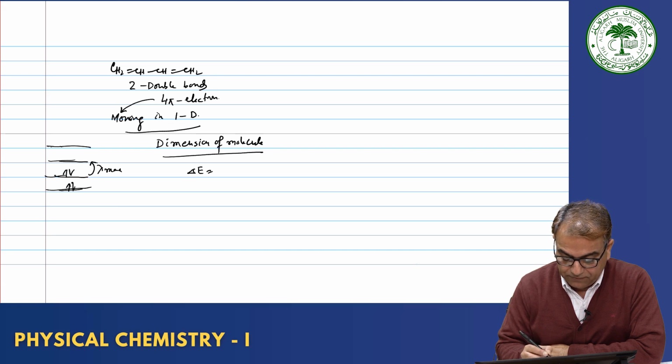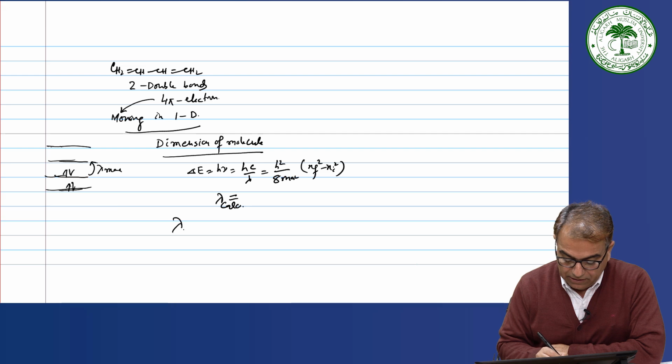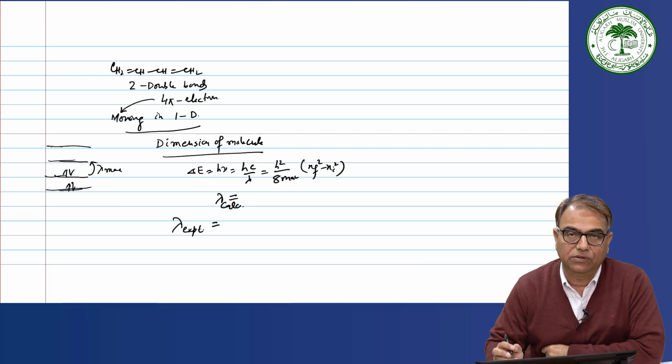then simply delta E, which is h nu, which is hc by lambda, we have calculated as h square divided by 8 m a square into nf square minus ni square. So, you can calculate the lambda value, lambda calculated you can obtain from this equation, and this lambda calculated can be verified by experimental values also.